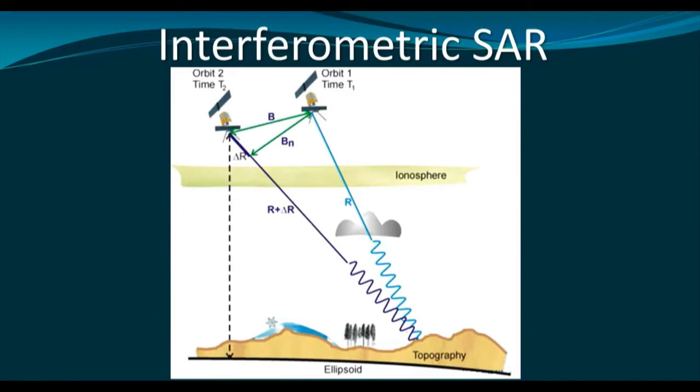They are looking at the earth surface and they are capturing imagery of the same geographic area. Now see, the distance between these two observation locations is called baseline, indicated with letter B.